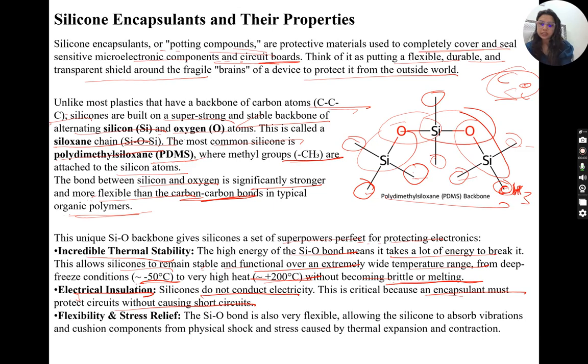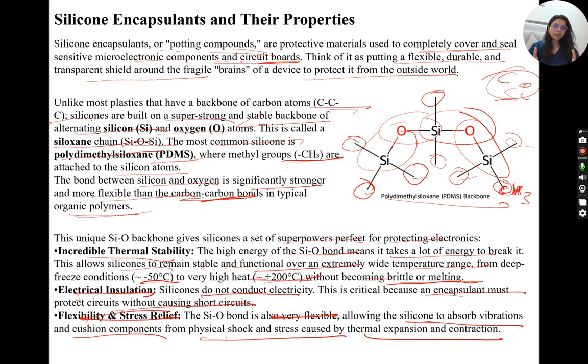Another one is flexibility and stress relief. The Si-O bond is very flexible, allowing the silicone to absorb vibration and cushion the compound from physical shock and stress caused by thermal expansion and contraction. What is thermal expansion exactly? Whenever the heat increases, some polymers or materials tend to grow.